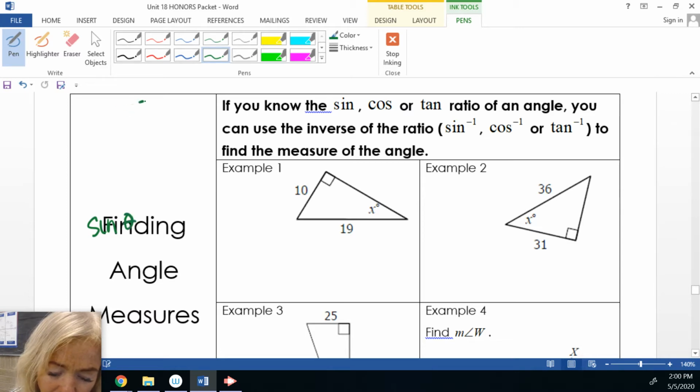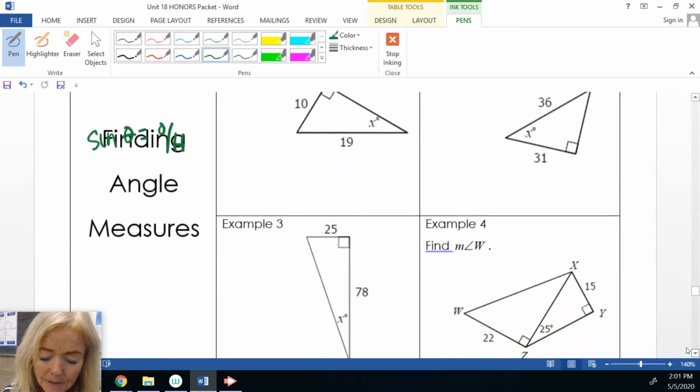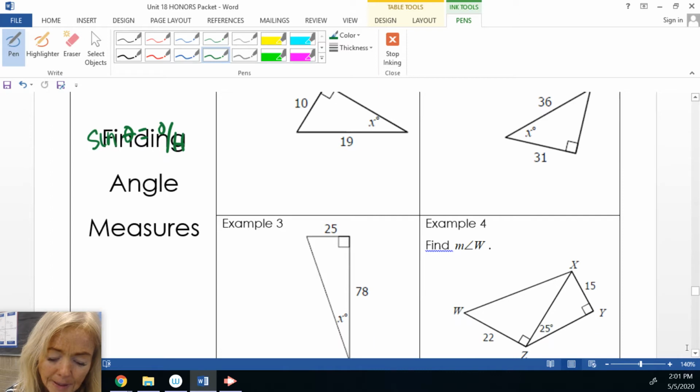If I have sine theta is opposite over hypotenuse, it moved on me. So it's going to be kind of hard, but I'm going to try to figure out where to write it in order to have it be seen.